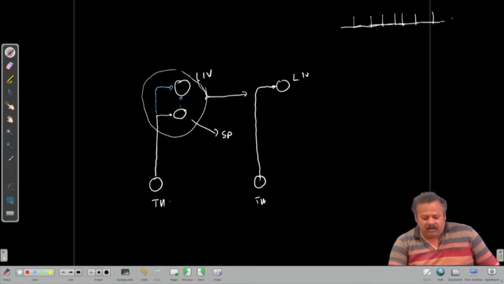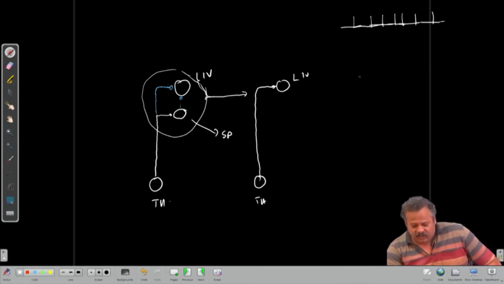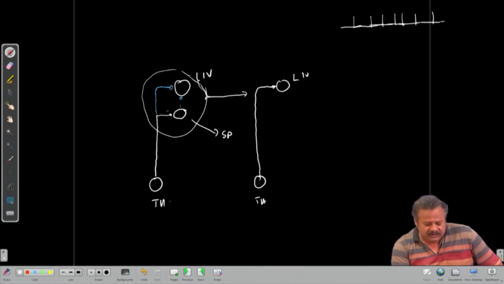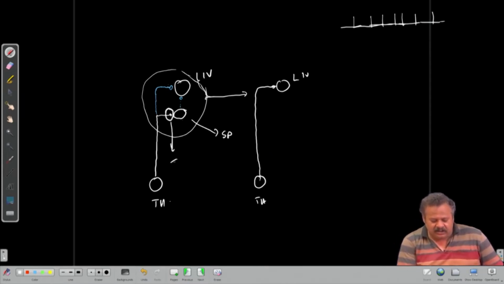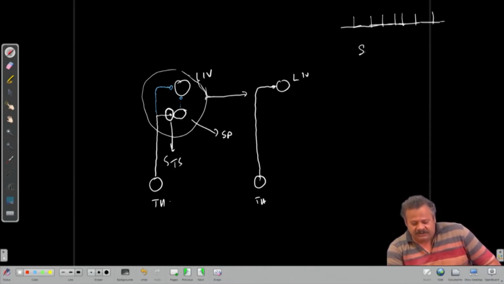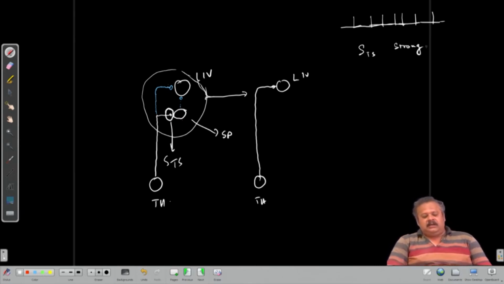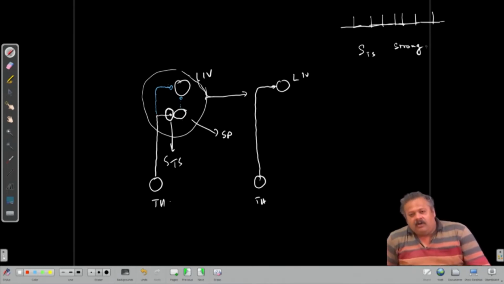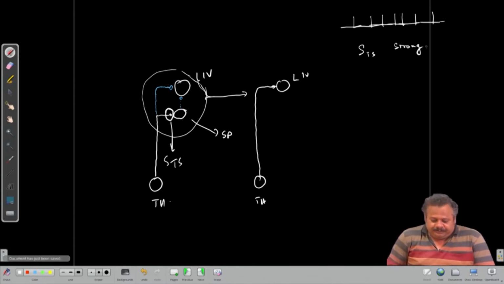There is evidence that the thalamus to subplate synapse, let us call it synapse TS, is strong. That is, this synapse can make the subplate neuron fire action potentials.